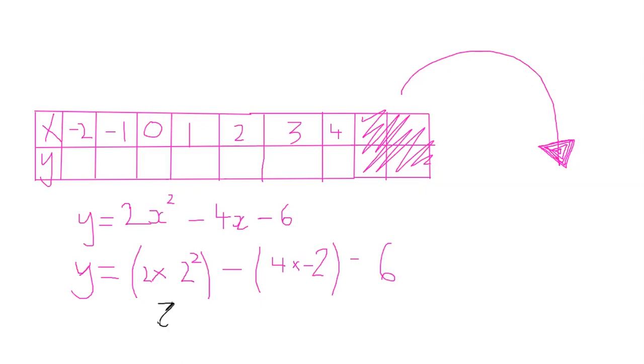Minus 4 times 2 is -8, minus 6. 8 minus 8 minus 6 equals 10. Yep, 10. Let's go with 10. Yeah, makes sense. Okay, eraser.